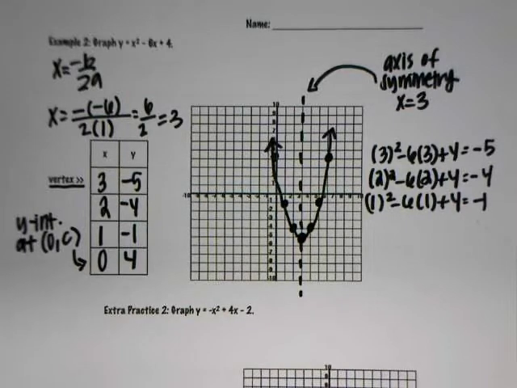For 0, will it always be a 4? No, it's whatever C is. Oh. You get (2, 2).